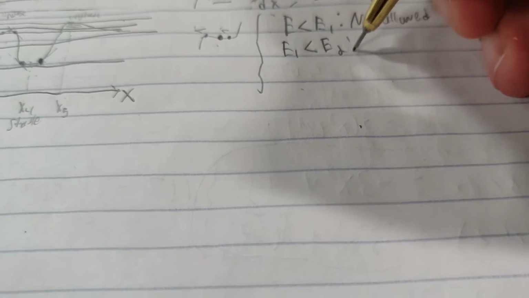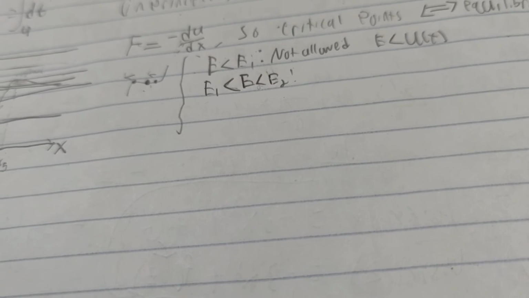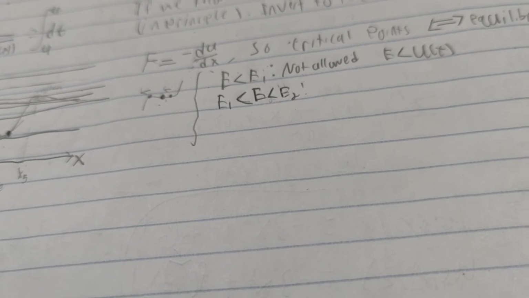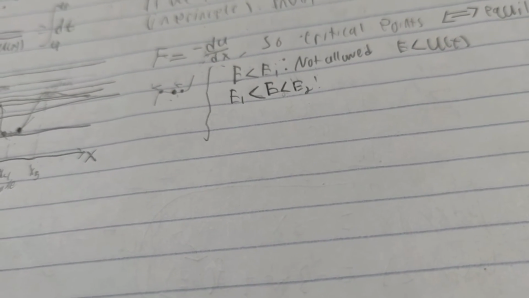What if the energy is in between E1 and E2? What can we say about the particle's motion? Confined to the part of the function between those two lines. So, okay, let's call this region 1, so we got another one of those over here. Let's call this region 2. So we would say that the particle is only allowed in region 2?